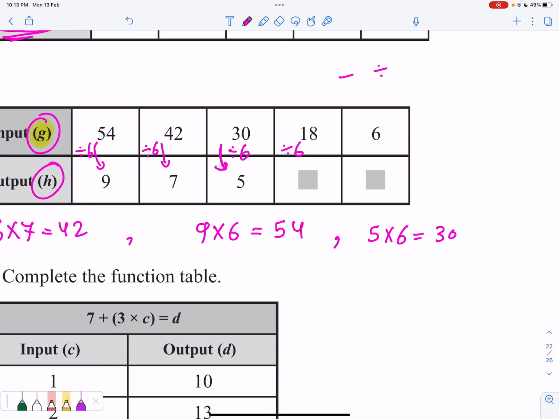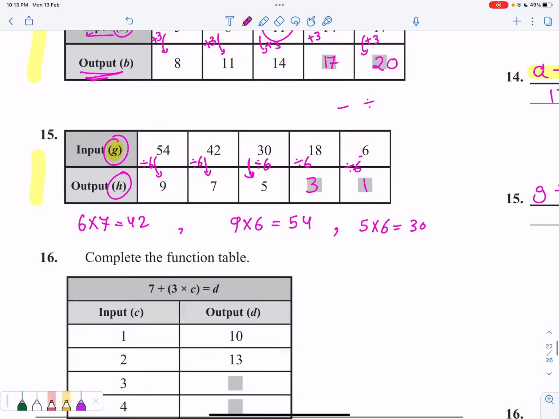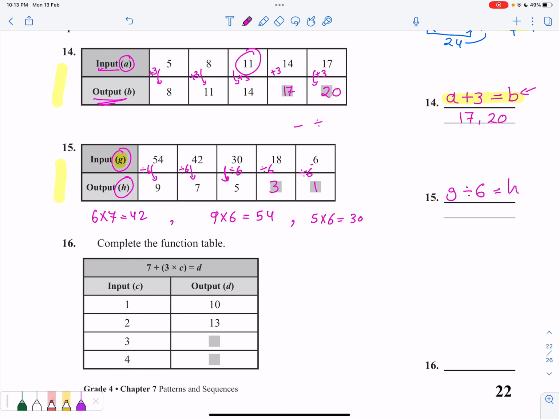So 18 divided by 6 is equal to 3. Then you have here 6, you need to divide that also by 6, because this is the pattern. So 6 divided by 6, of course, equals 1, because any number divided by itself equals 1. So these are the next numbers. They are 3 and 1.